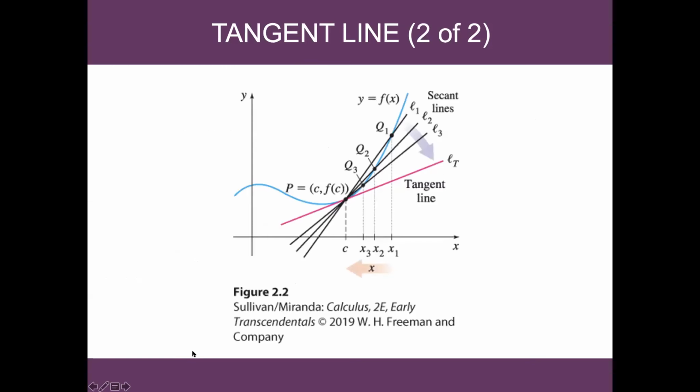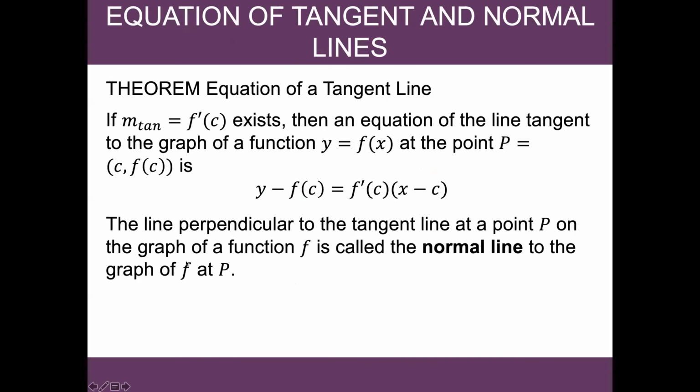Okay, let's keep going. So here we go, the equation of the tangent line. I'm not expecting you to memorize this. If C is the x value and f of C is the y value, then it can get kind of cumbersome to put this into a formula format. Don't worry about memorizing this.